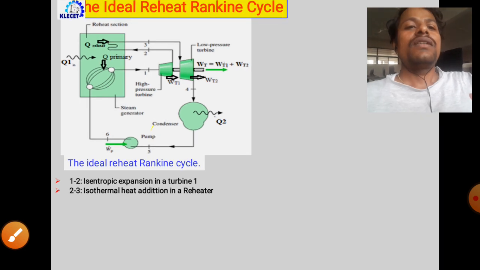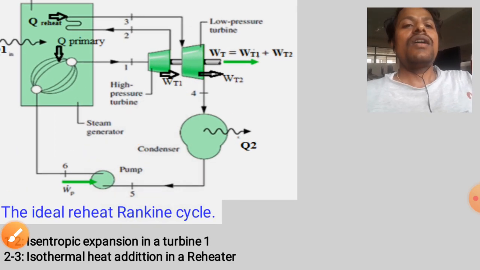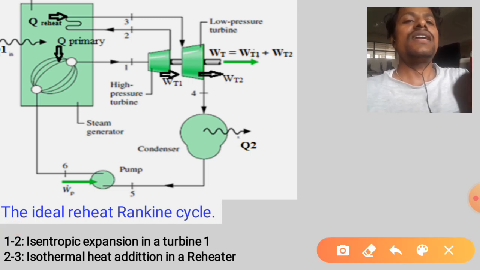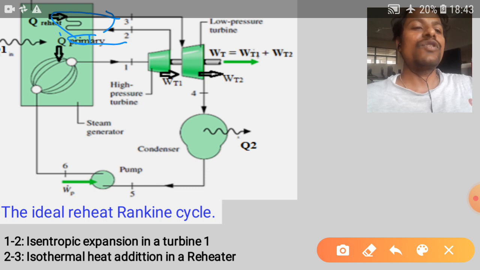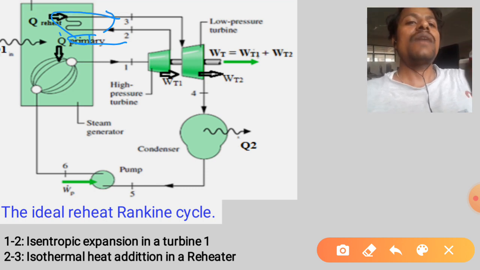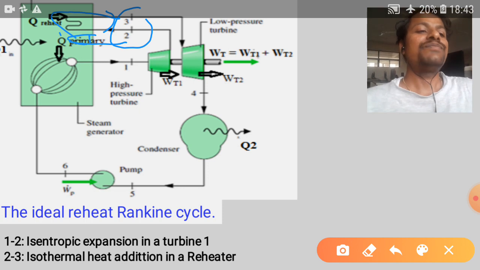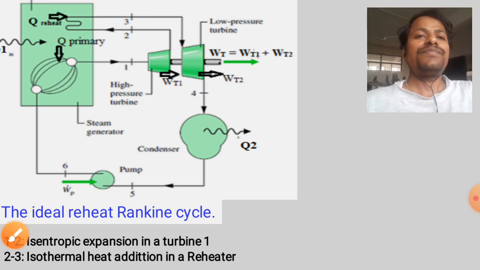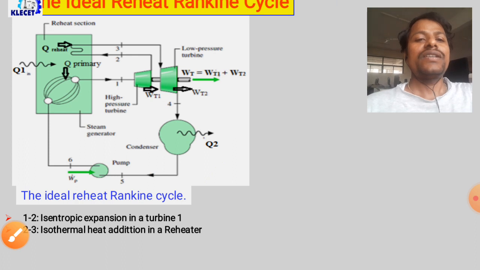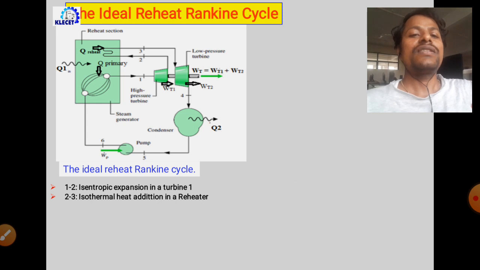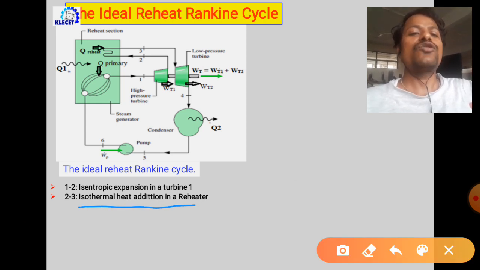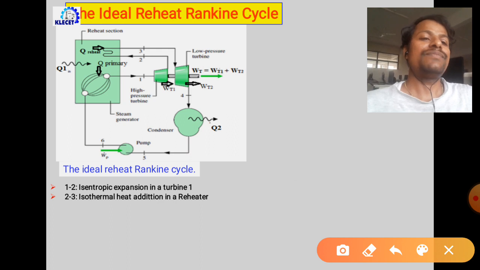At state 2 the steam enters the reheater coils, then absorbs heat energy inside the boiler during the reheating process, and comes out at state 3. Hence the heat is added isothermally inside the boiler. So we write 2 to 3 as isothermal heat addition inside the reheater.